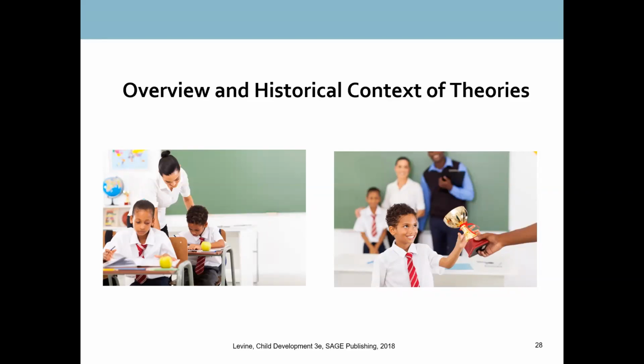So it looks at the historical progression of some of the theories we went over, and why they were formulated when they were, and also how the historical and social context affects how these theories were formed. Like what was happening at that time when the researcher came up with the theory, and what was culture like at that time, what kind of historical differences caused these theories to arise.